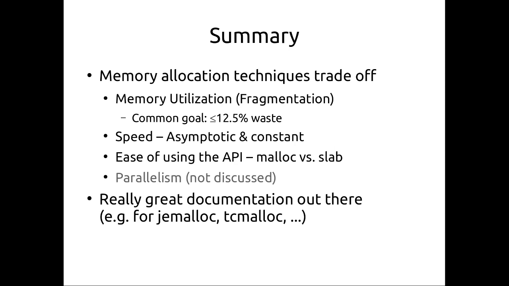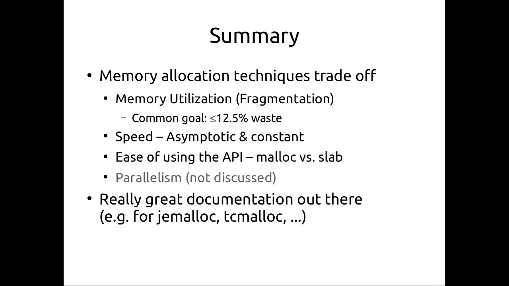Okay, so summarizing all of this, memory allocation techniques have a trade-off. We talked about this last time. Certainly it's in memory utilization. A common goal is to try to have 12.5% or less memory waste to internal fragmentation at the very least, but often to total allocation. We try to optimize for speed, having both O of 1 asymptotic complexity, but also fast constant times.